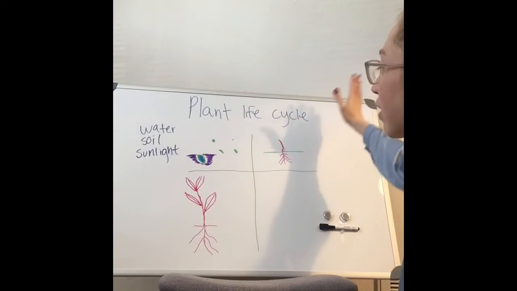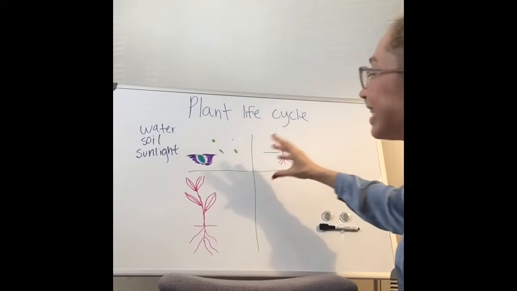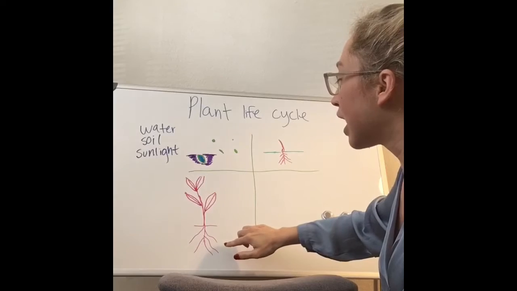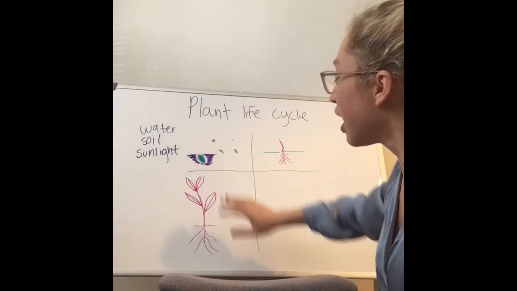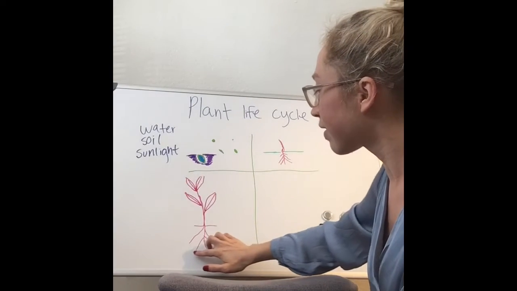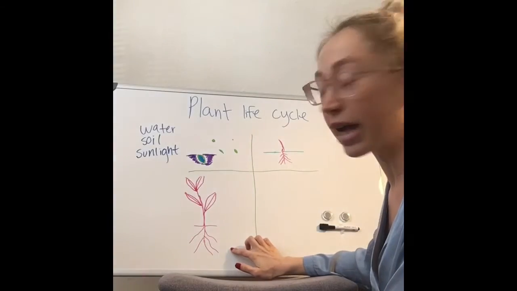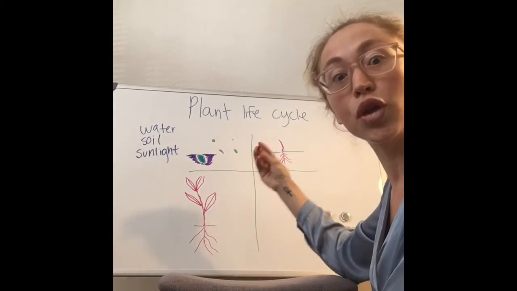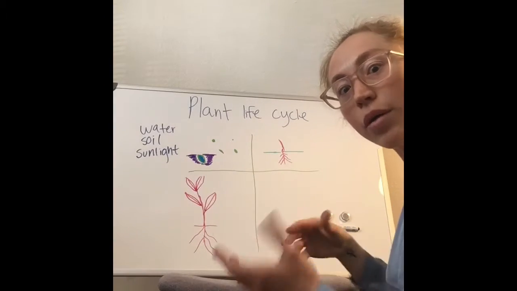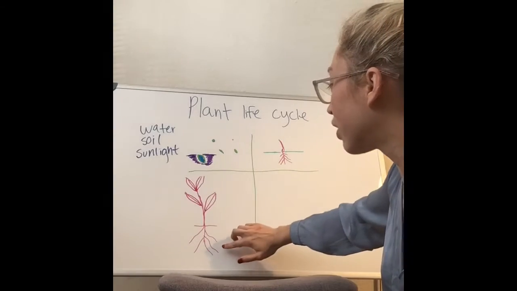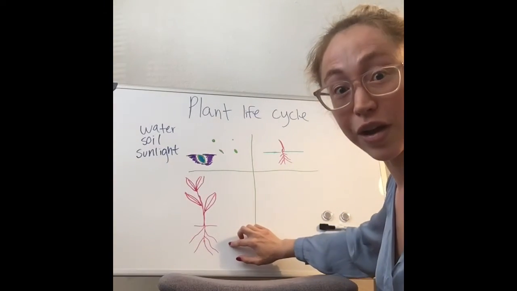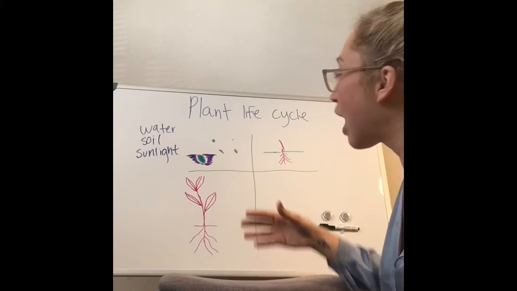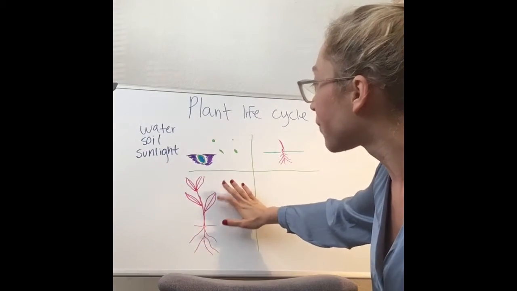It's a process through which they take the sunlight from the sun, and then they take the nutrients and the water from the soil that come down through the roots, and they are actually able to use those powers, the power of the sun, the power of the nutrients from the soil and the water, and they combine it to make food that allows the plant to grow big and strong.